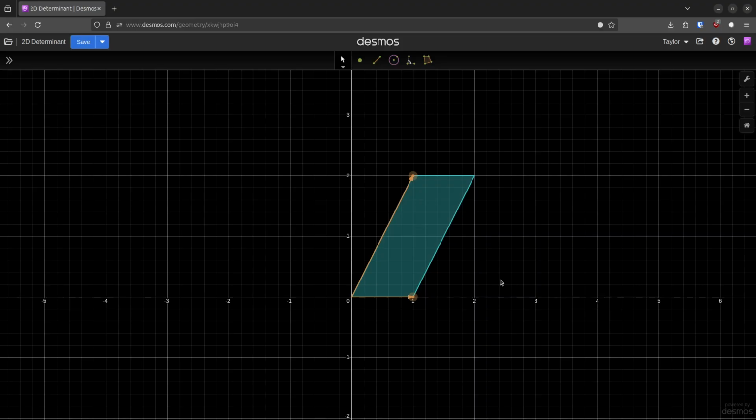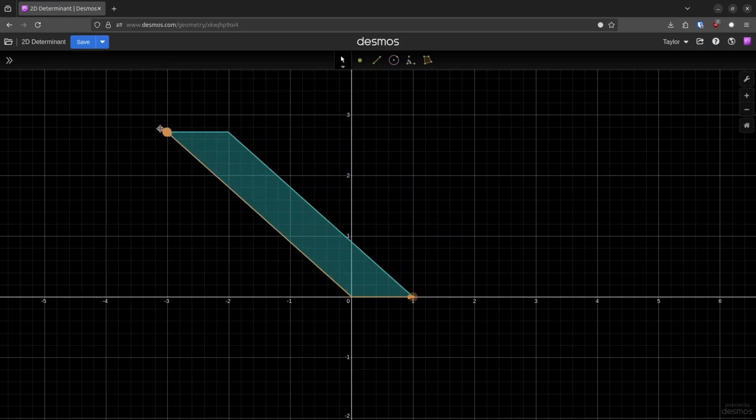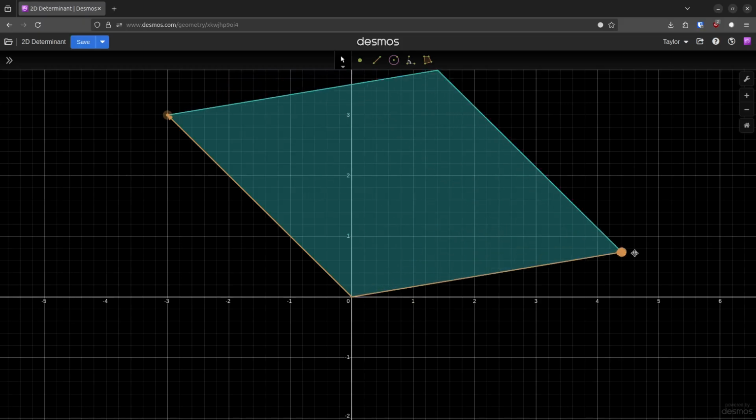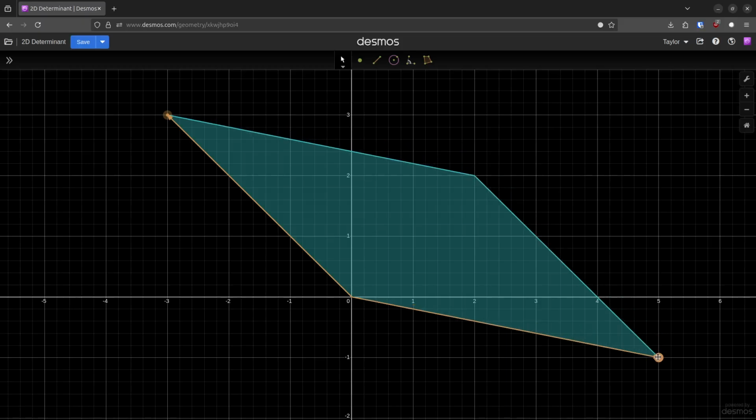So the determinant of the matrix, where these two vectors would be the columns of the matrix, would be equal to the area of this parallelogram, right? And so I could have all kinds of parallelograms with different areas. All right.